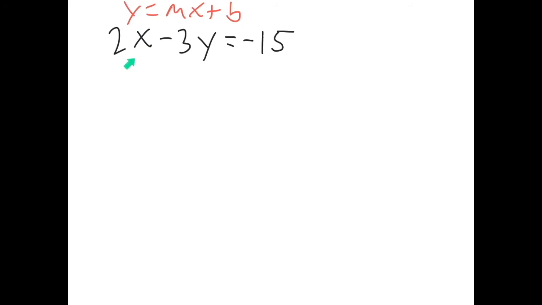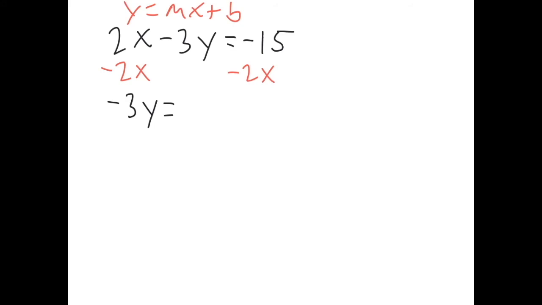So we need to bring the x over here, and in order to do that, it's a positive 2x, so we need to subtract 2x from both sides. So minus 2x, minus 2x. So on the left side, the 2x is canceled to leave -3y.